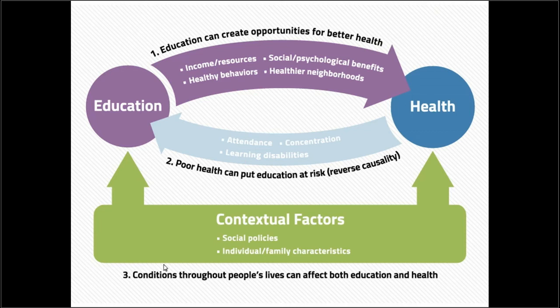These are all framed within contextual factors of social policies and individual and family characteristics that are happening throughout a person's life. Things like governmental policies, such as how our education system is funded, where it's coming from taxes. As a result, certain communities are immediately disadvantaged because there's less taxes being paid in those communities.